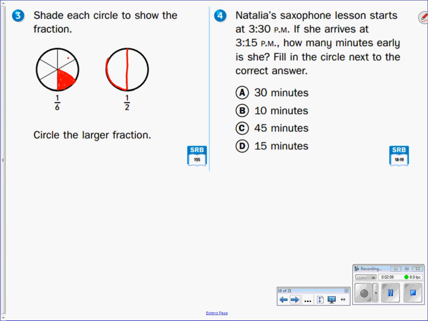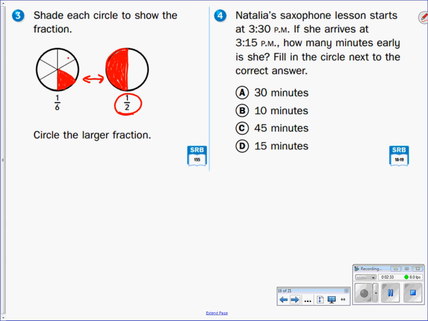So remember, the top number tells me how many parts I want to shade in. So that would be 1 part out of the 2, and that would show me 1/2. And then circle the larger fraction. So 1/2 would be my larger fraction. I could tell by the size of the 2 pieces that I shaded.